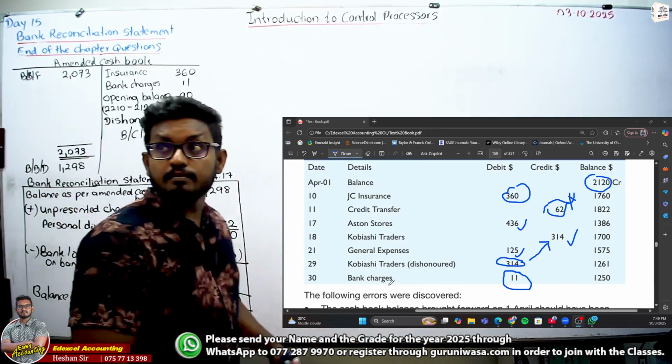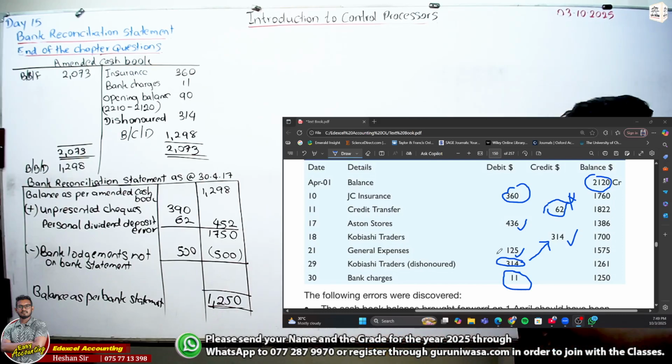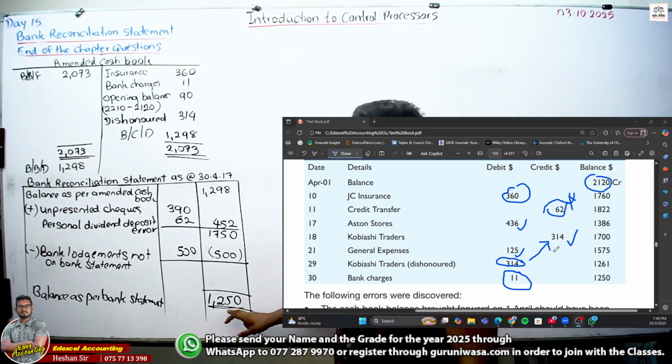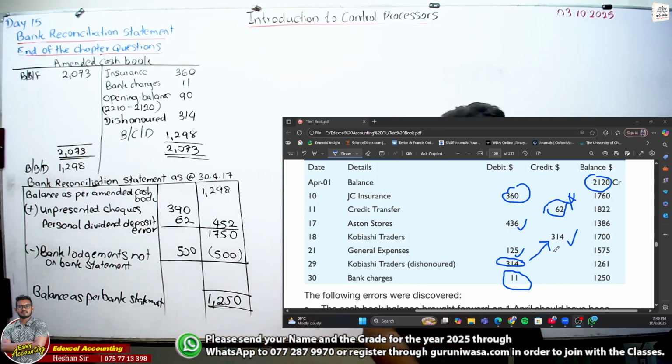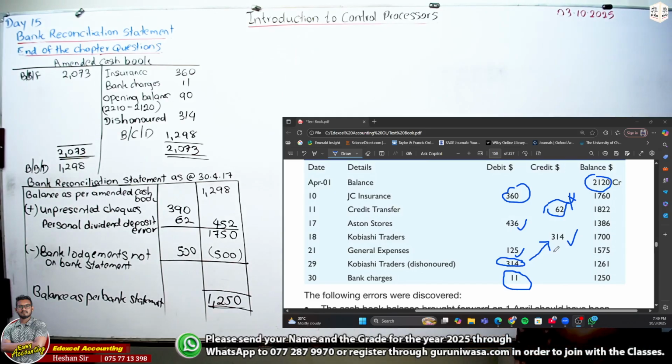Yes, we got the same balance. You can see the closing balance is also 1200. Understand, right? Raise your hands. Share ID then, right?